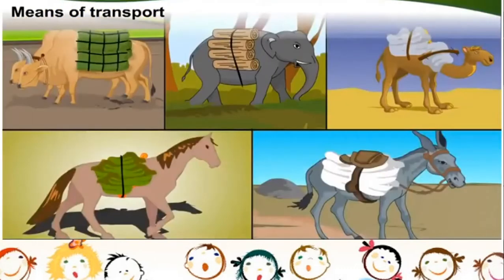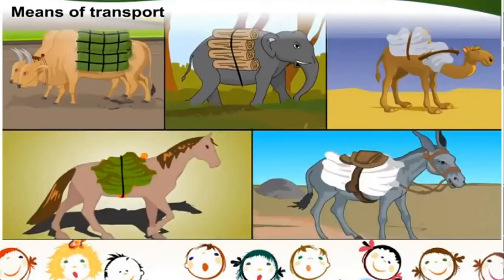See, all these means of transport are used in villages. So you have bullocks, you have elephants in some places, camels in deserts, you have horses, mules, donkeys, which people use in the villages or in the rural areas. There is another name for villages, children, and that is rural areas.